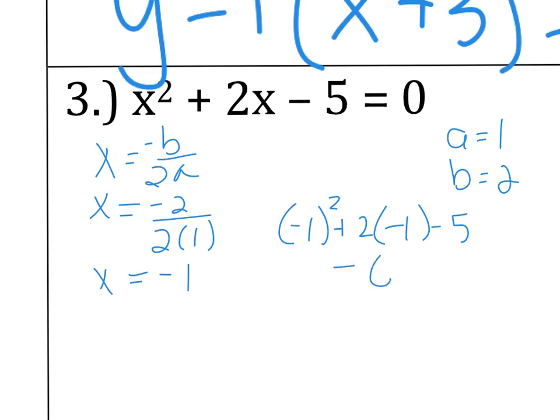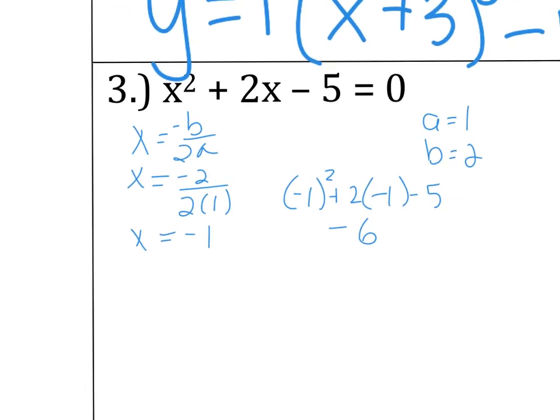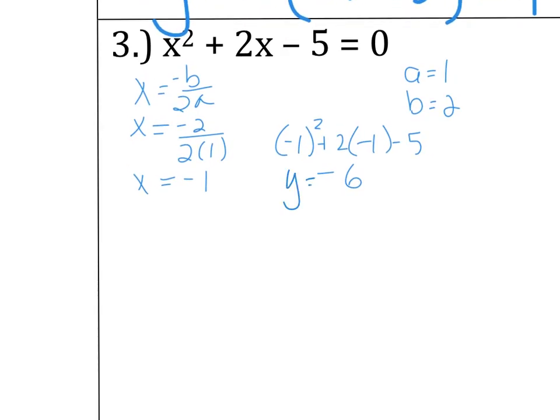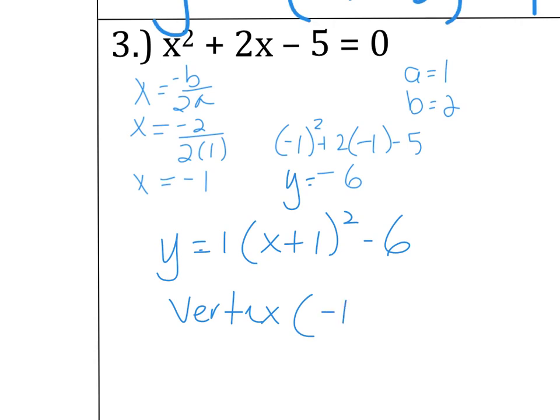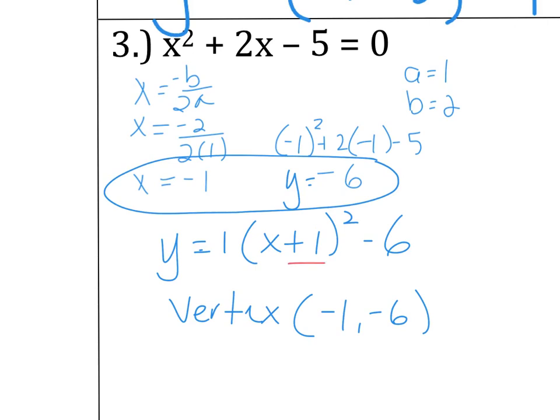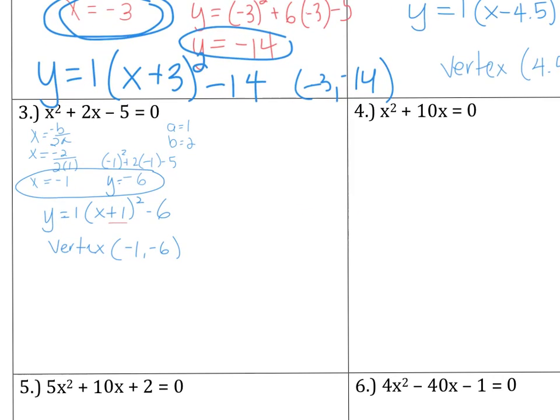This is going to give me negative 6. So y equals a, which is 1 again, x plus 1, because it's a liar, squared minus 6. My vertex in this question would be -1, -6, except when I plug it into the formula, the x changes.